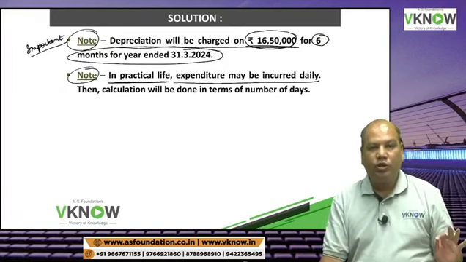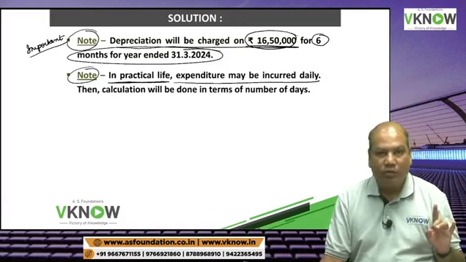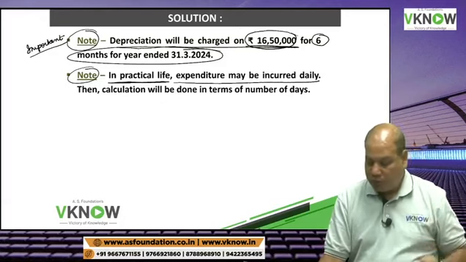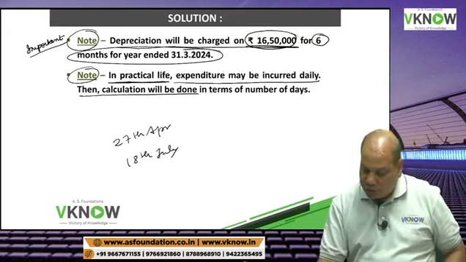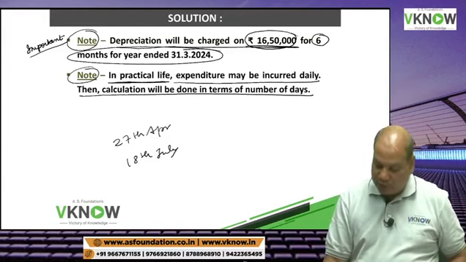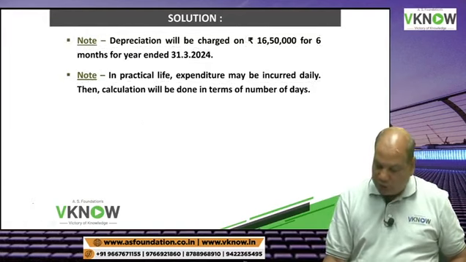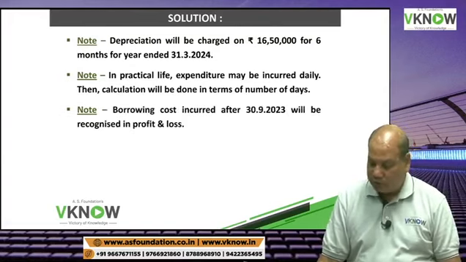So if the question gives you dates, this has not yet been asked, but in future they may give you 27th April, 18th July, then the calculation will be done in terms of number of days.